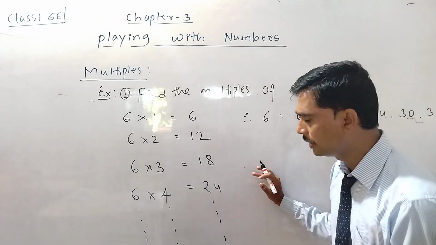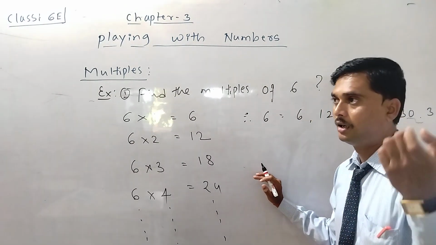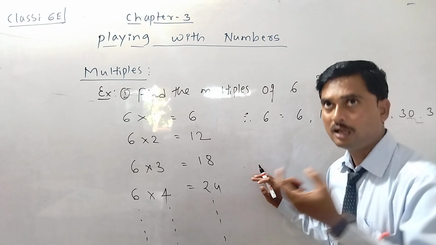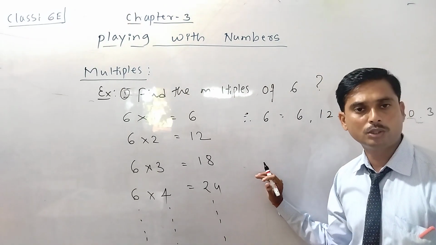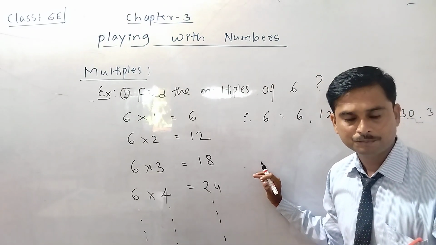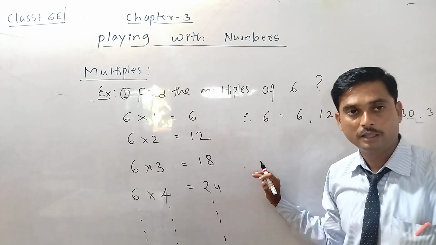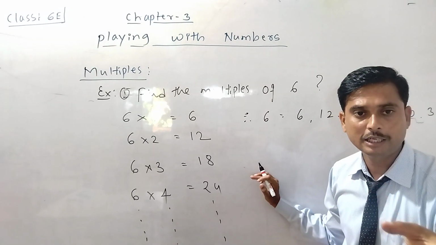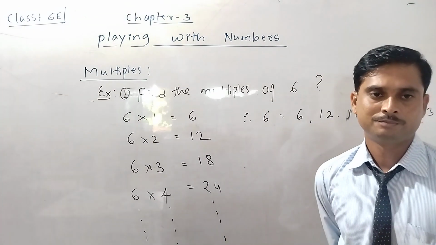Then how to find the multiples: the given number is 6, sir. You have to multiply with 1, 2, 3, 4, 5, 6, 7, 8, 9, 10 and so many more. That product is called multiples of 6.